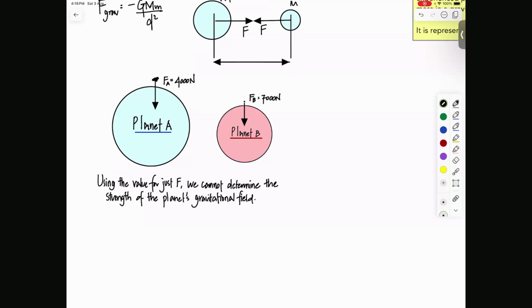So just by using the value of F, it is not possible to find the strength of a planet's gravitational field. It's just not possible.